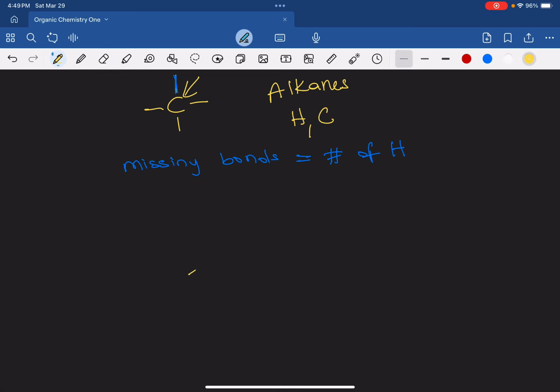We have a bond going that way, a bond going that way, a bond here. I prefer this. Okay, so here we go. Let's talk about the carbons in here. Remember, at the end of every bond is a carbon. Where the lines meet, or where your bonds meet, is a carbon. So where these three meet, this is also a carbon.